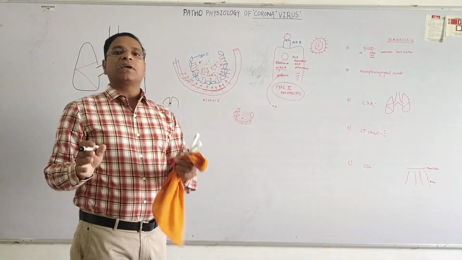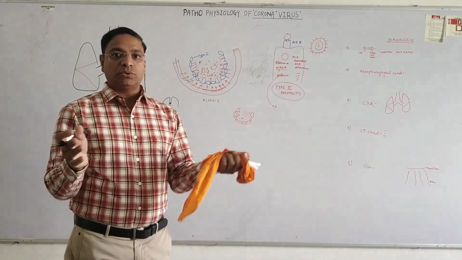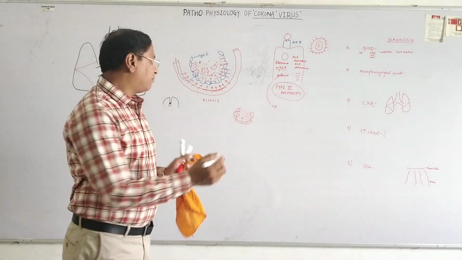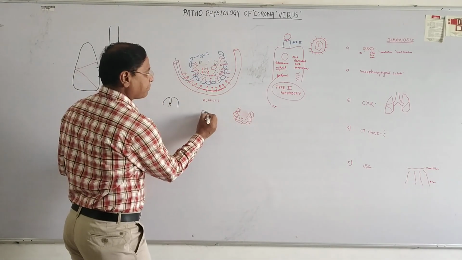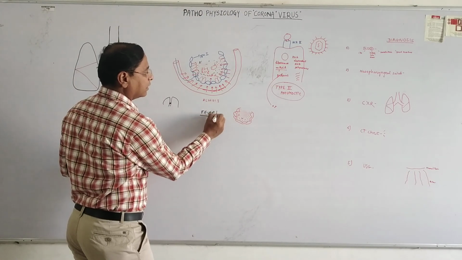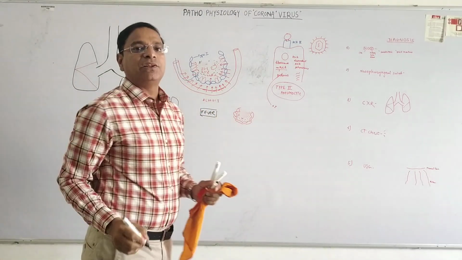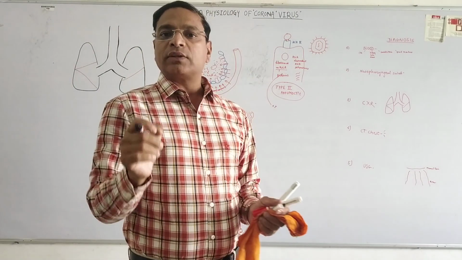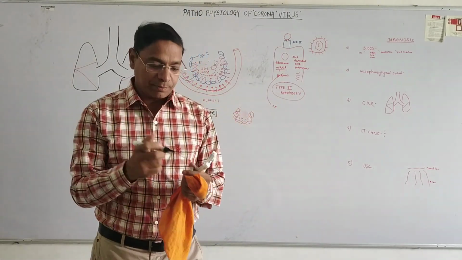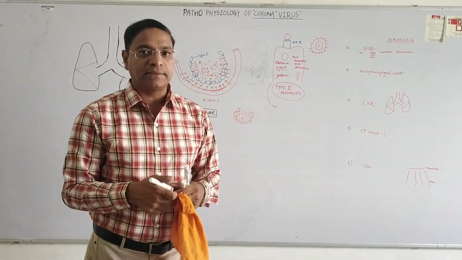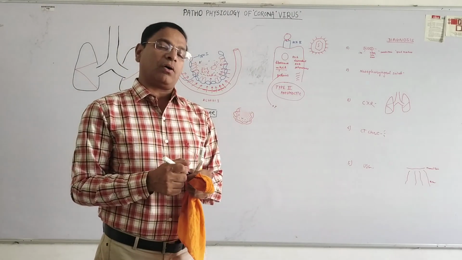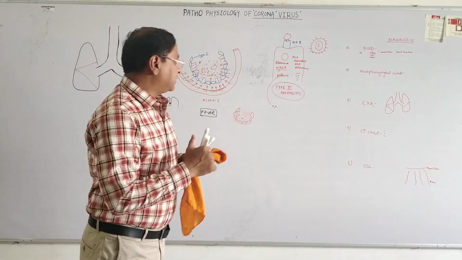The hypothalamus will secrete prostaglandin E2, and that is responsible for the fever. Remember, in this COVID-19 infection, the fever is one of the important symptoms. And the fever is not just 99, it is 104 and above. So we talk about fever.